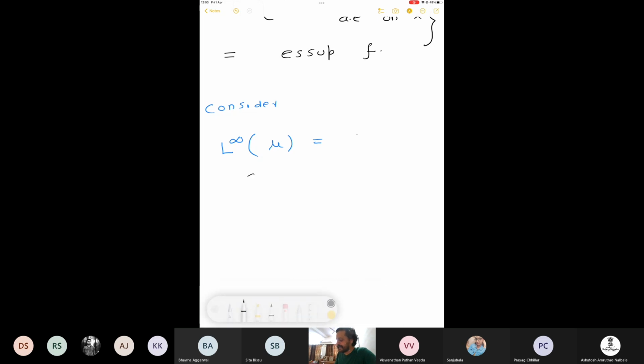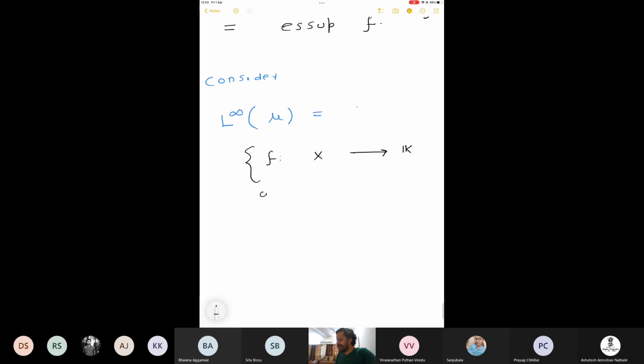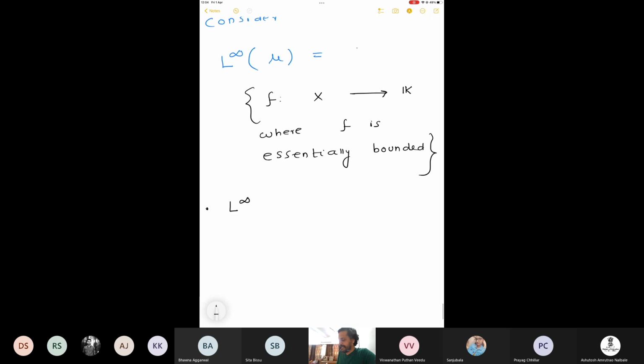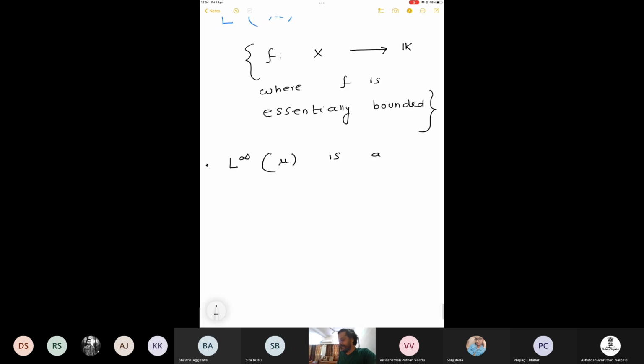Consider all functions f from x to k, where x is a measure space, where f is essentially bounded. It is the set of all essentially bounded functions. You can see that L infinity mu is a vector space.